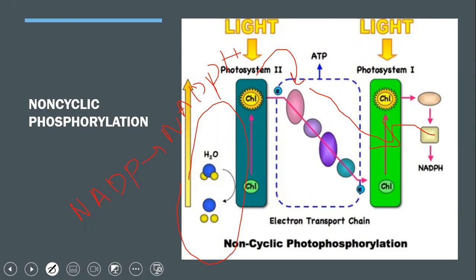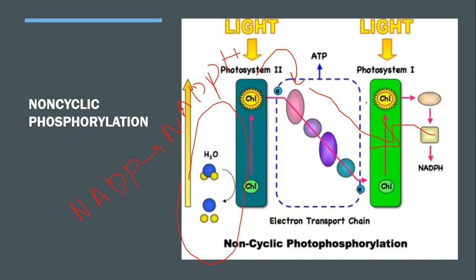Now, while this entire process is happening, the light energy will also fall on photosystem 1. So the electrons in photosystem 1 will also become excited and they will be collected by an electron acceptor. They will be transferred down the electron transport chain and collected by NADP as well.